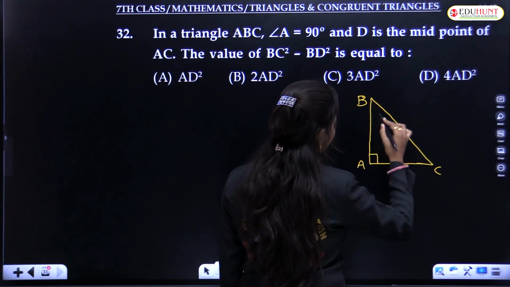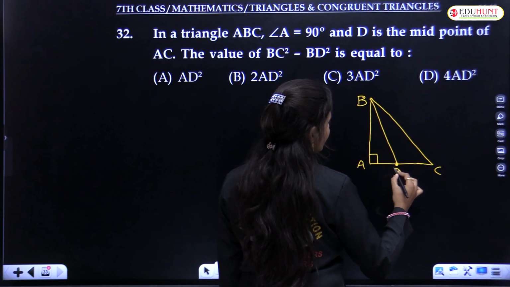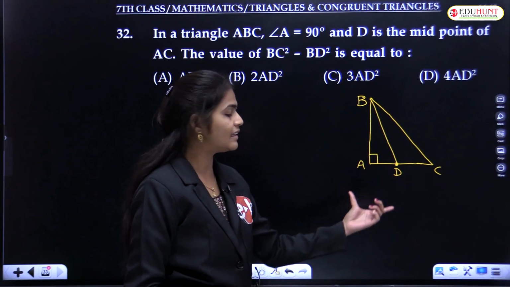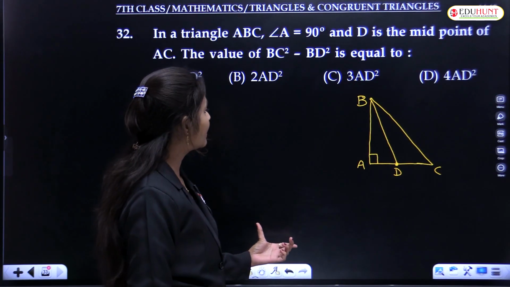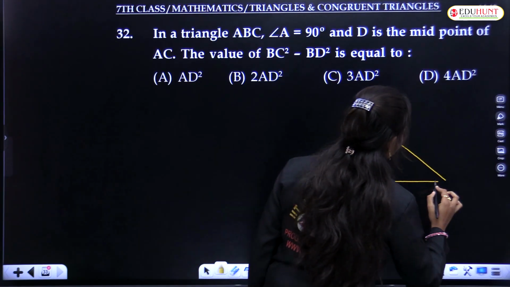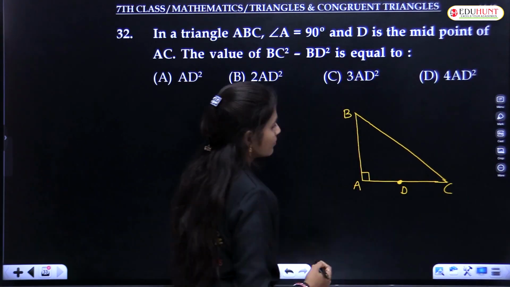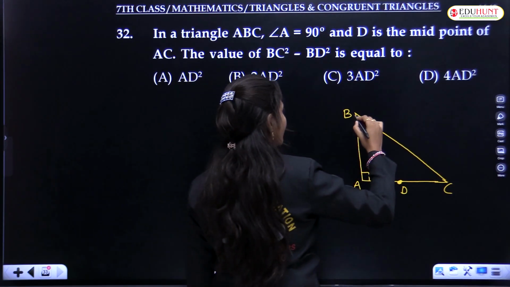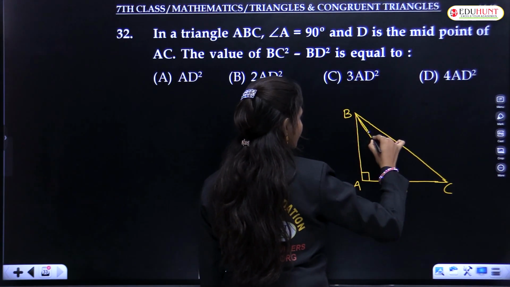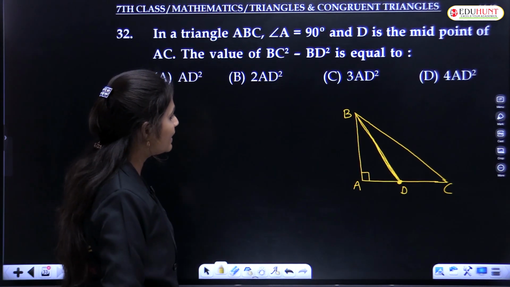So here join B and C, and join B and D. D is the midpoint of A and C. Okay, so this is the diagram. So D is the midpoint, no? So join B and D.